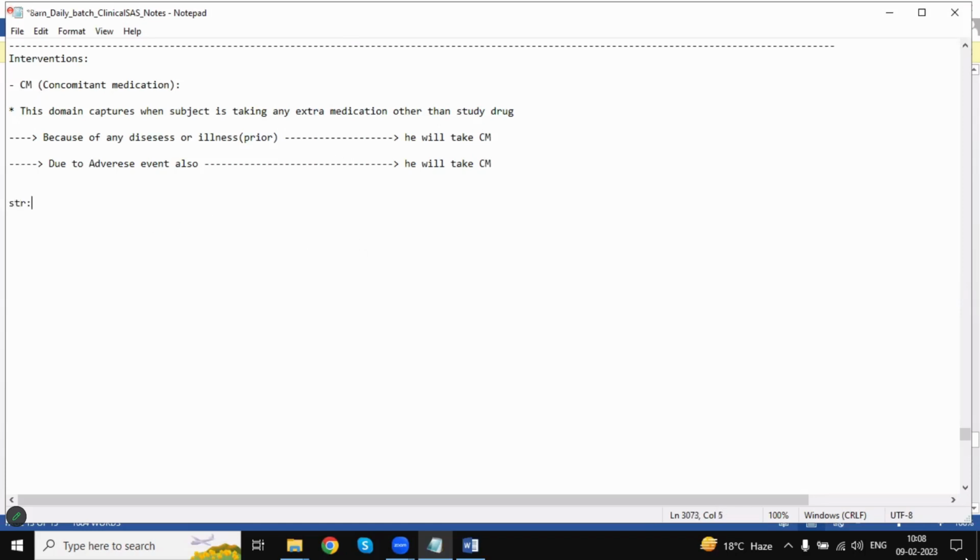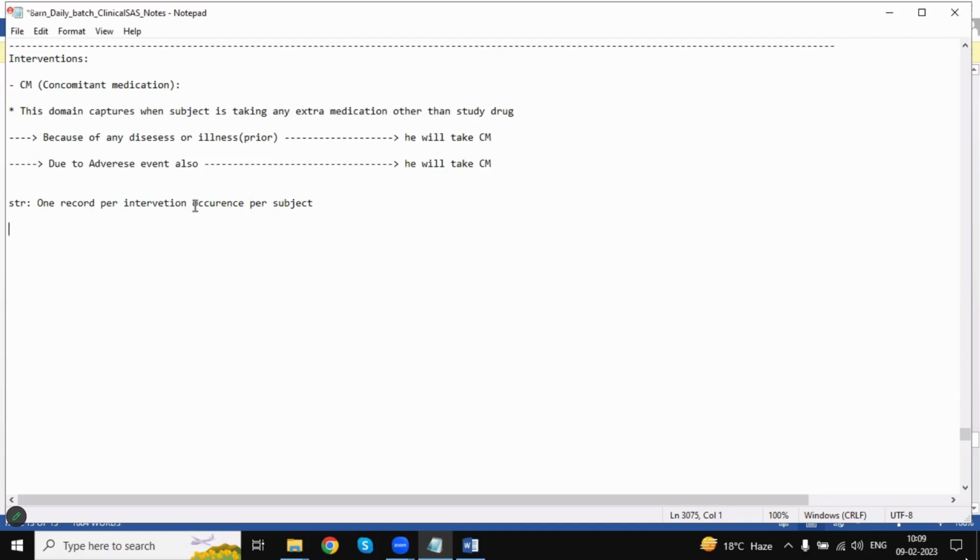So now you understand what this domain will capture. Let's see the structure. Structure is one record per intervention occurrence, per subject.